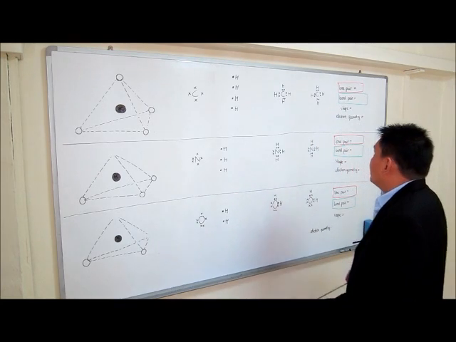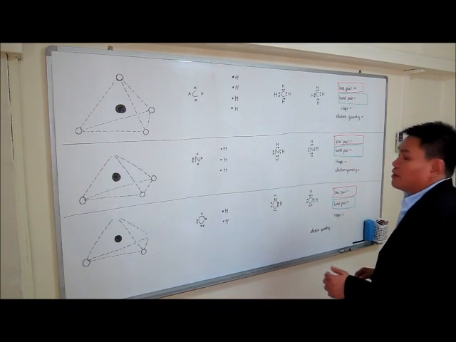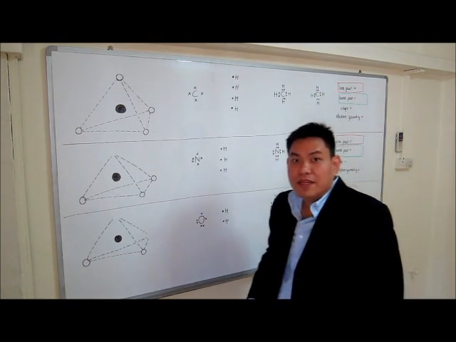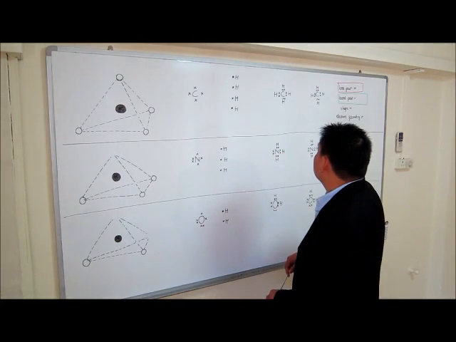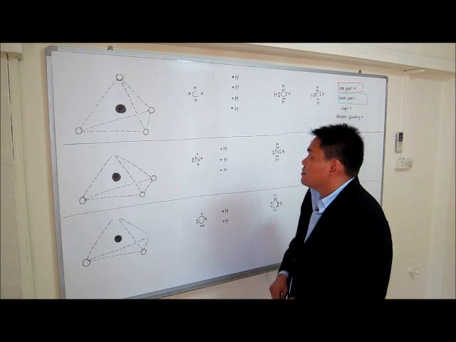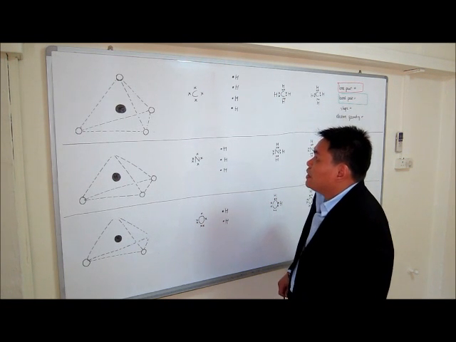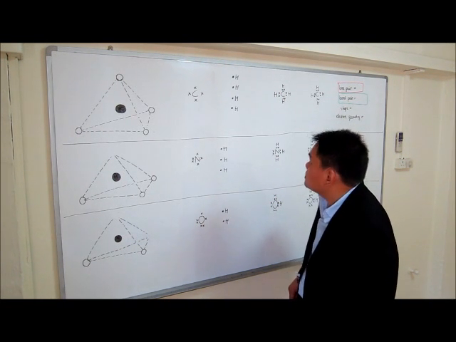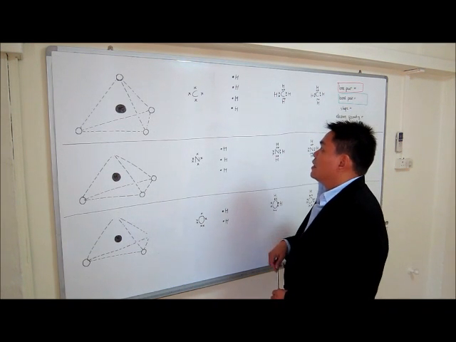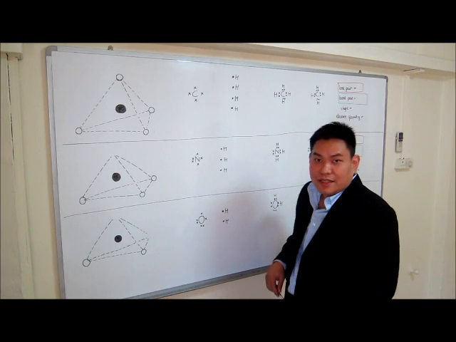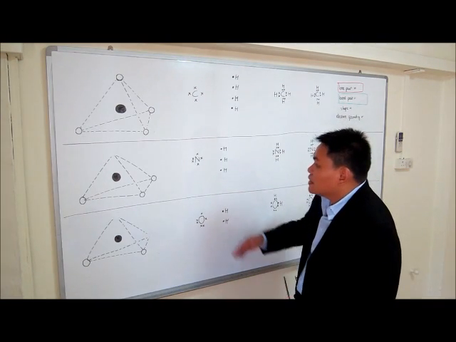In this example, we are going to use CH4, or methane molecule. Methane is CH4, one of the simple organic substances. The shape will be tetrahedral. Later, we are going to learn how we can tell that CH4 is tetrahedral.